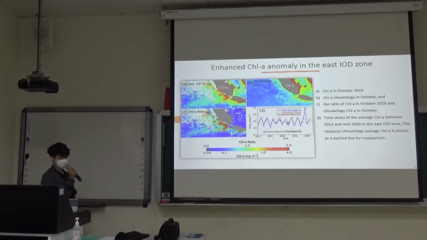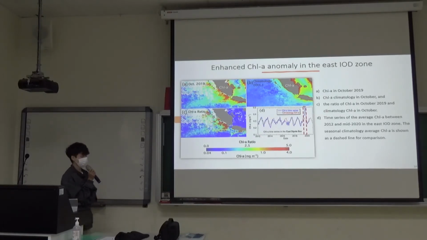In the east of Sumatra and Java, chlorophyll A is similar to climatology. From figure D, we know there was abnormal growth of phytoplankton in the fall of 2019.